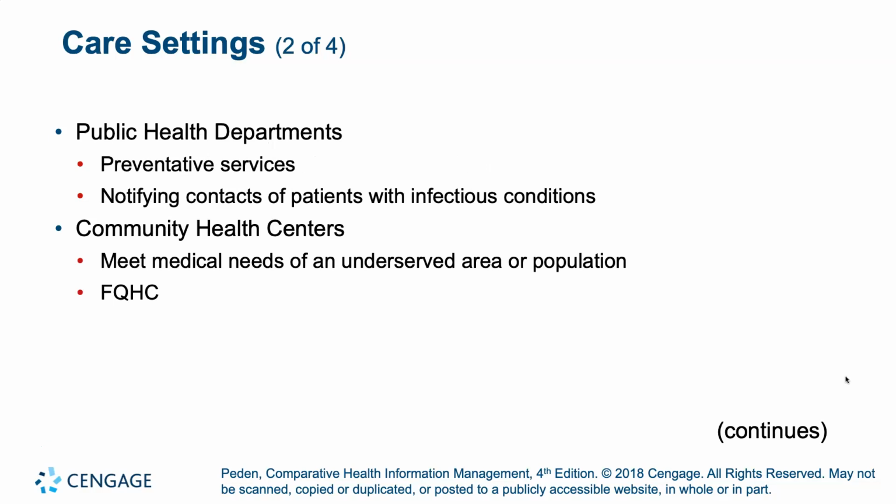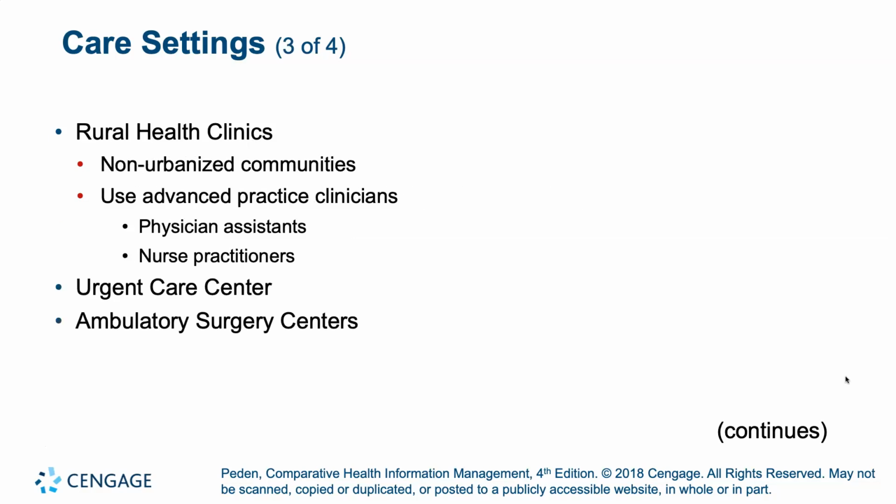Public health departments that offer preventative services are also considered freestanding ambulatory care because they are, again, not owned or operated by a hospital-based care setting. Community health centers that meet the medical needs of an underserved area or population, those are also considered ambulatory, freestanding, non-hospital based. Rural health clinics, urgent care centers, and ambulatory surgery centers.